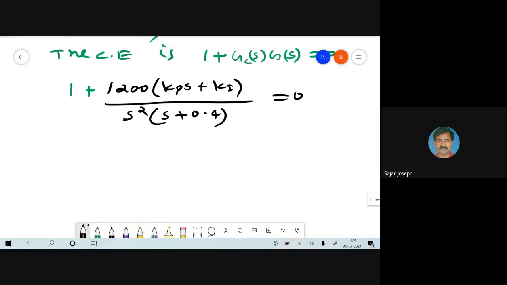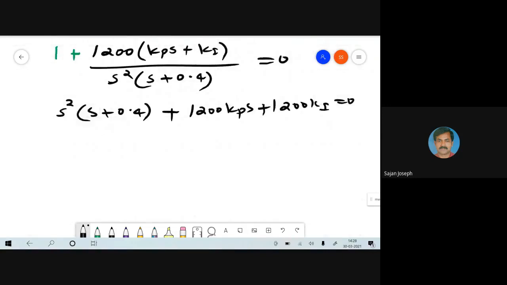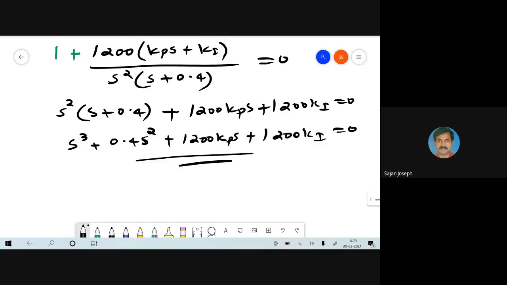And you can cross multiply, simplifying it, you will get s square into (s plus 0.4) plus 1200 Kp s plus 1200 Ki equal to 0. That means s cube plus 0.4 s square plus 1200 Kp s plus 1200 Ki equal to 0.